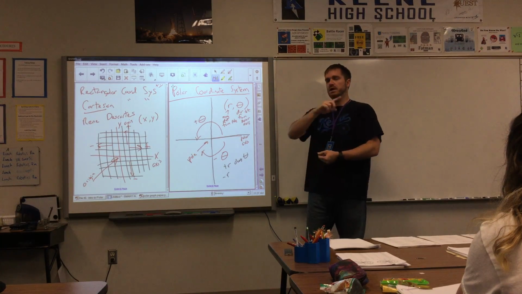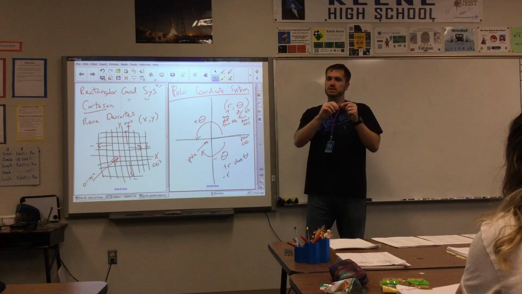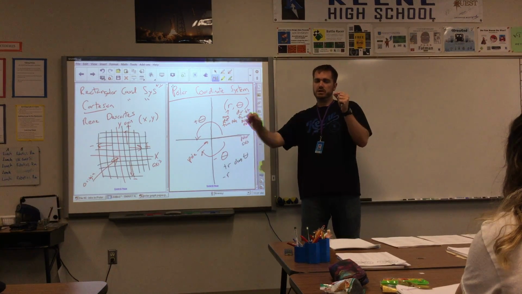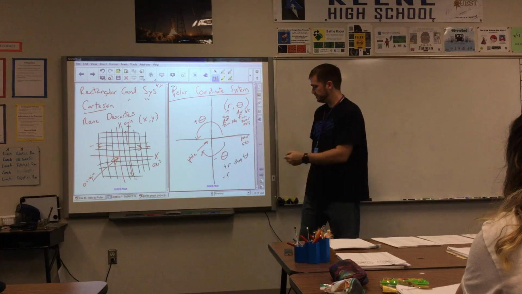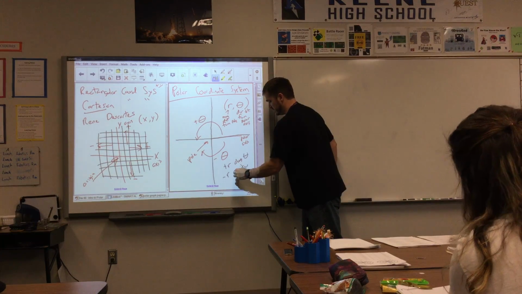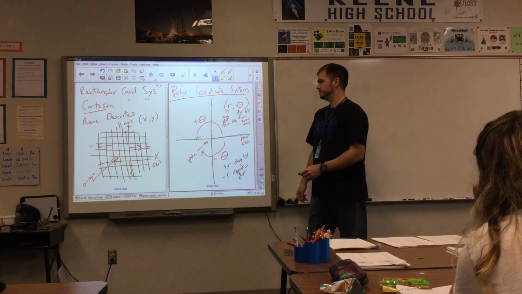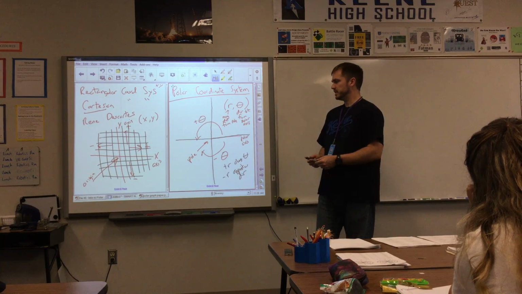And what that means is 180 degrees or pi radians away, basically along that theta, but in the opposite direction. So I'll show you what that looks like in a second.